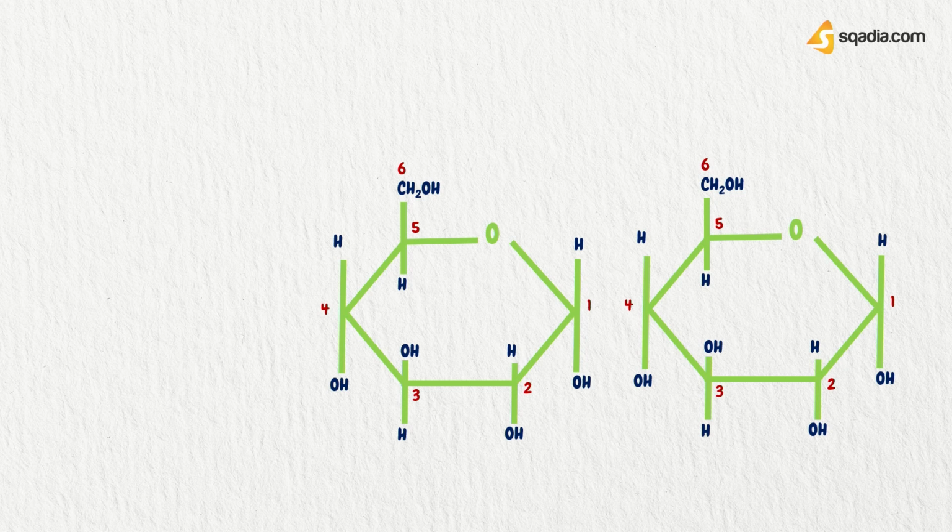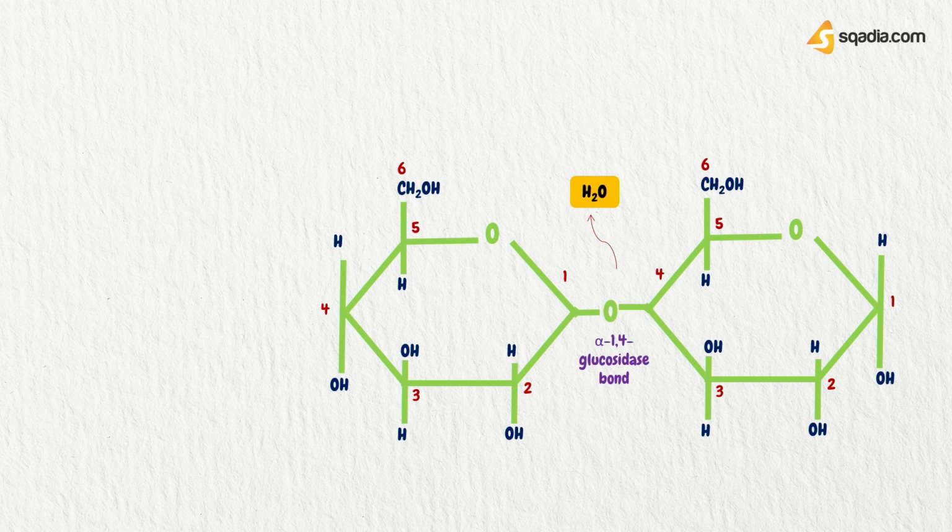It should be kept in mind that glucose always makes a glycosidic bond. Water will be eliminated in this reaction, and ultimately both of these glucose molecules will combine together. This bond is known as the alpha-1,4 glycosidic bond.